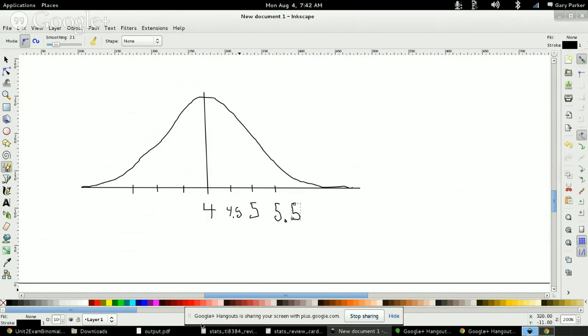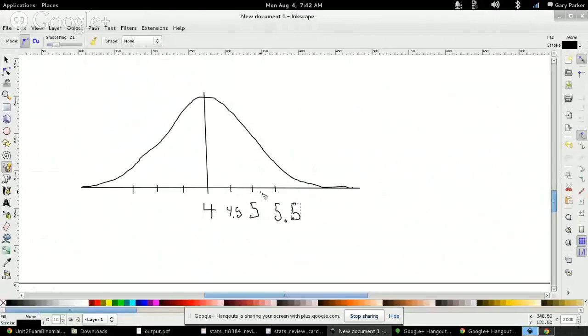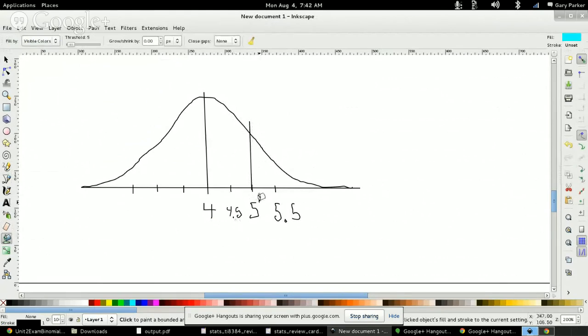I want to know the probability of a time greater than 5. So on my picture, I want to draw a line right through here, and I want that area to the right.